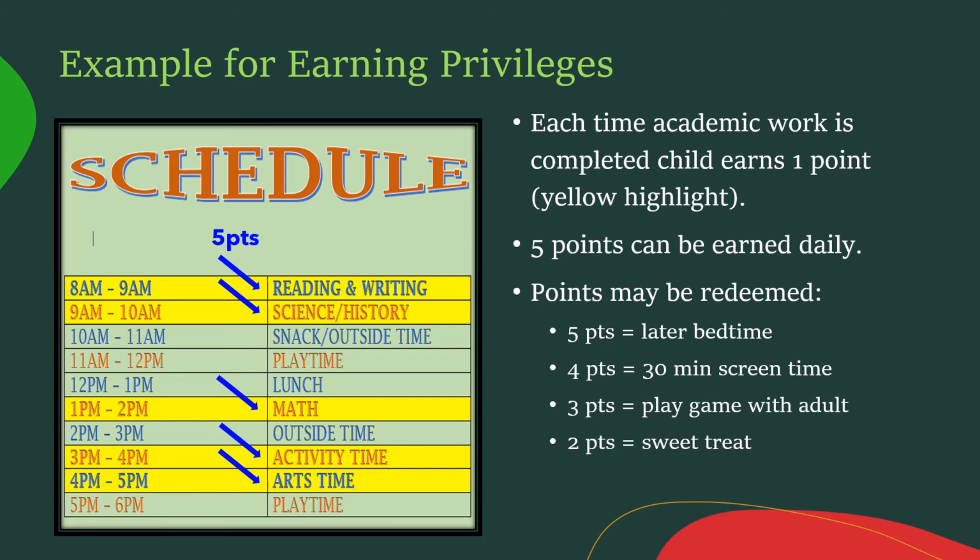And then with those 5 points, they can redeem that. Maybe they have a later bedtime, which is worth 5 points, or 30 minutes of screen time, which is 4 points, and so on. They can do it daily, which is what this example looks like. Or like in my example with my girls at home, they're working for something to get at the end of the week.